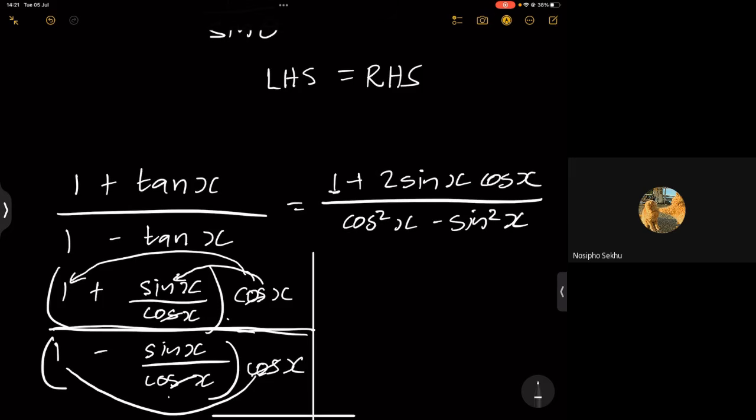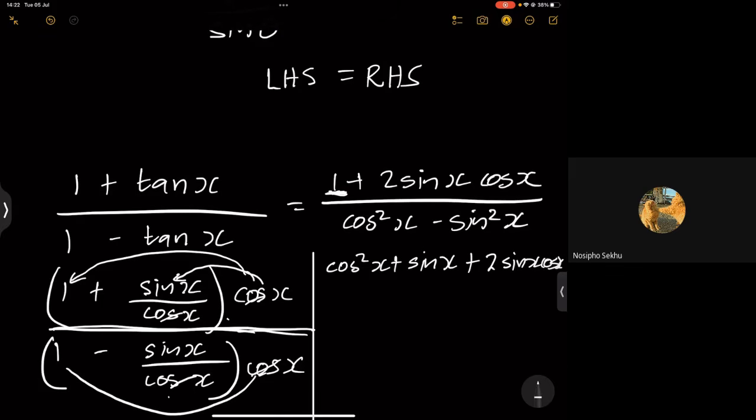I can change that 1 and make it into cos squared of x plus sine squared of x. Do you agree that I would have changed nothing? I took the 1 and made it into the expanded form of the identity. This is plus 2 sine x cos x.